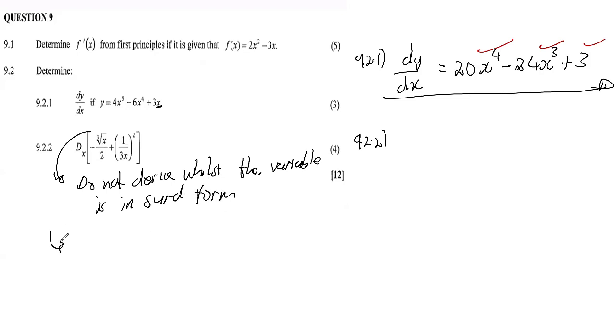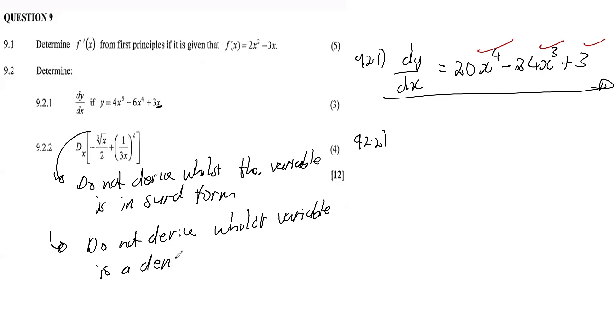But also another thing, do not derive whilst the variable is a denominator. So 2 important rules that you have to note. Do not derive whilst the variable is in surd form. Do not derive whilst the variable is a denominator.